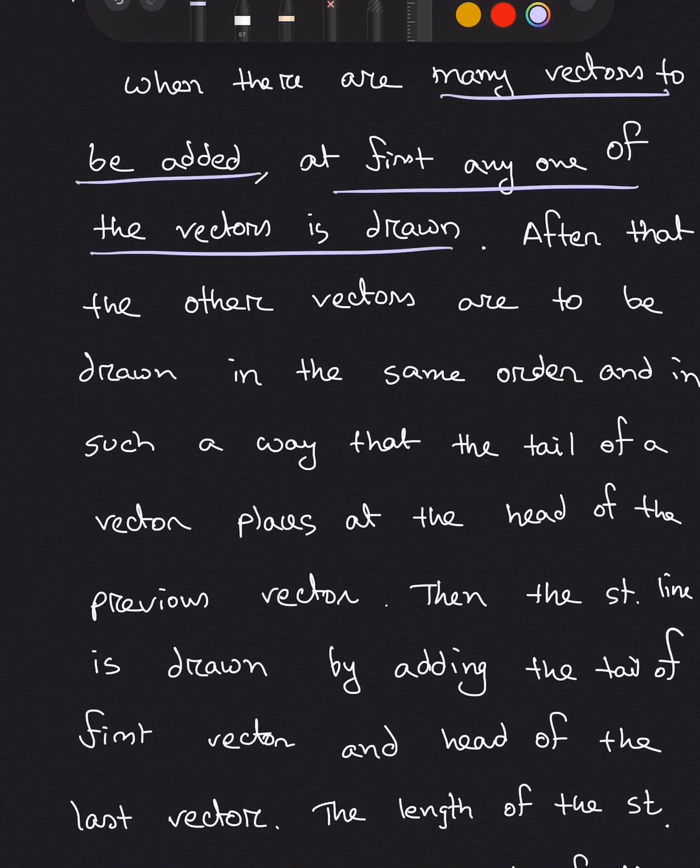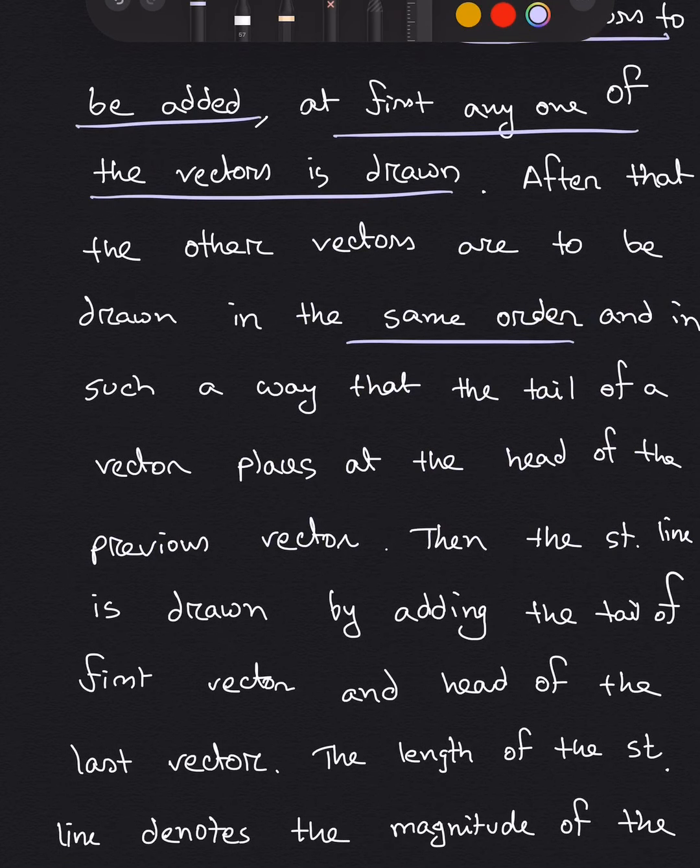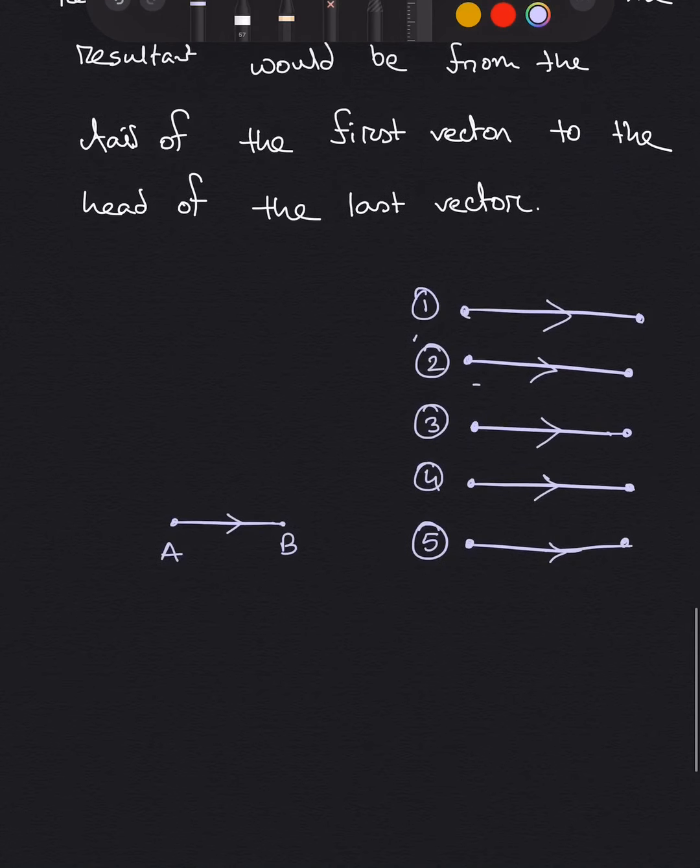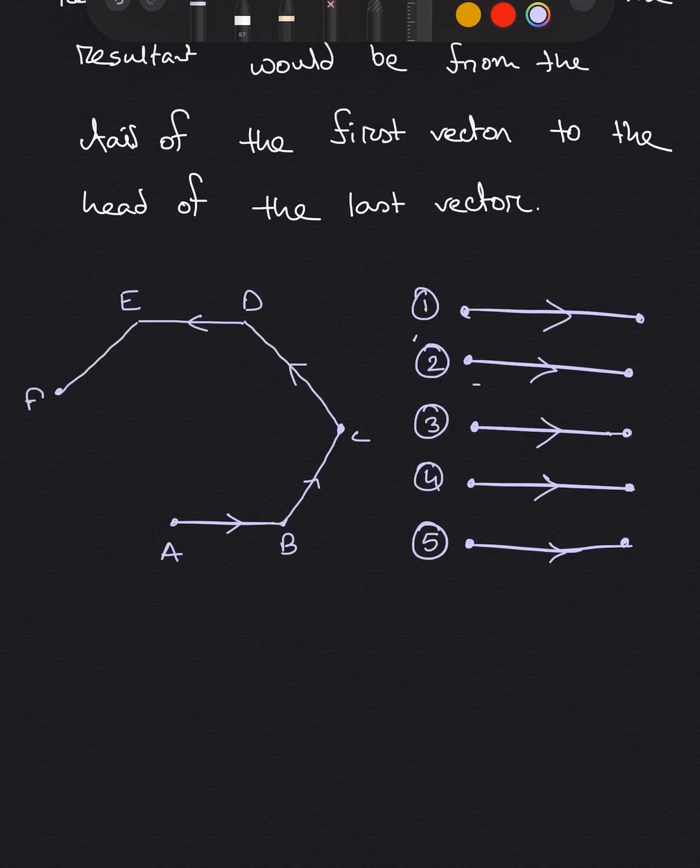After that, the other vectors are drawn in the same order, in such a way that the tail of a vector is placed at the head of the previous vector. In case of number 2, its tail will fit to the head of the previous vector, which is AB. So this is the second vector, this is the third vector, this is the fourth vector, this is the fifth vector. Now, what is the resultant?